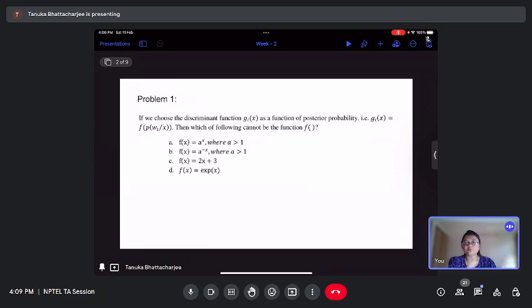No need to bother about how you will get the posterior probability. Let us say the prior information is given to you. You have all the necessary information for computing p of omega_i given x. In that case, what function can you not choose?